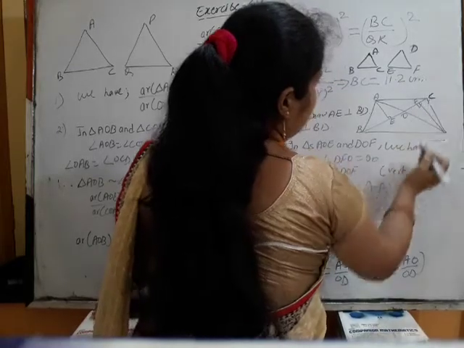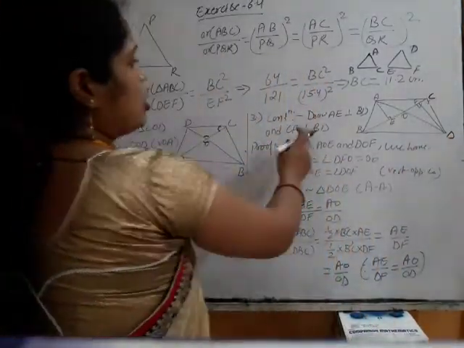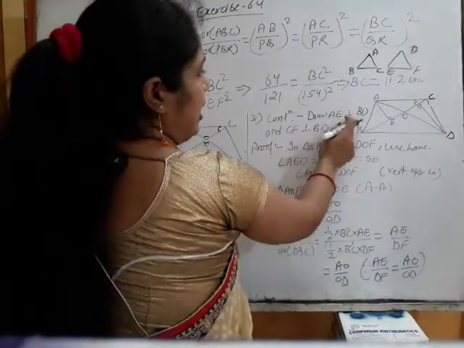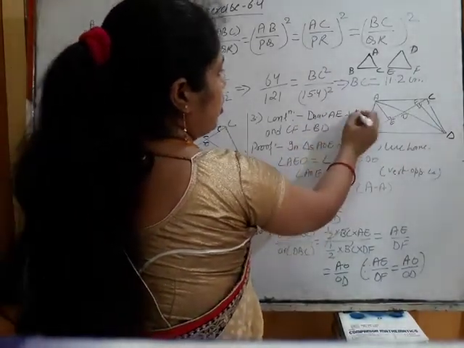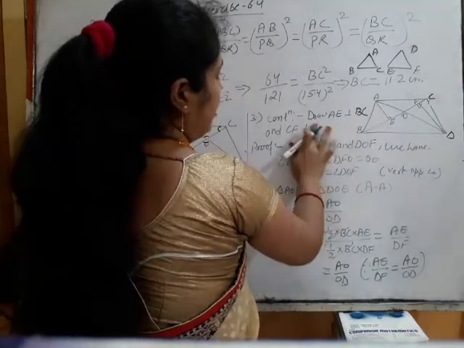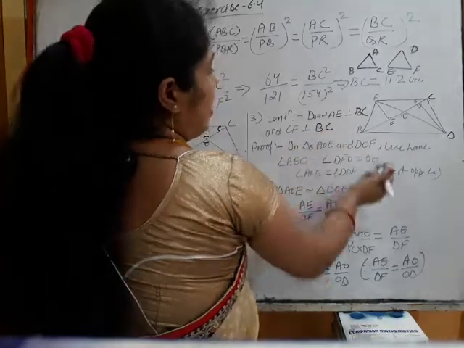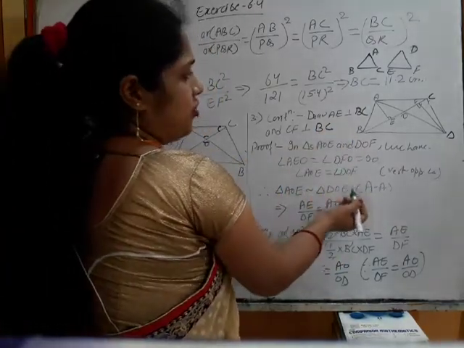Here, according to the question, here it is C and here it is D. So here we will make a simple construction.